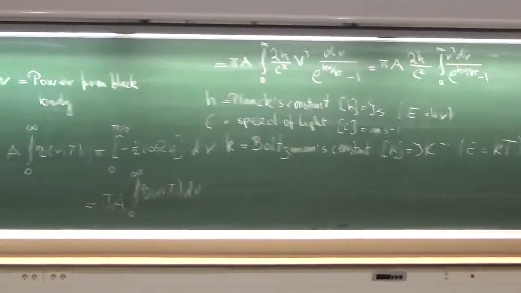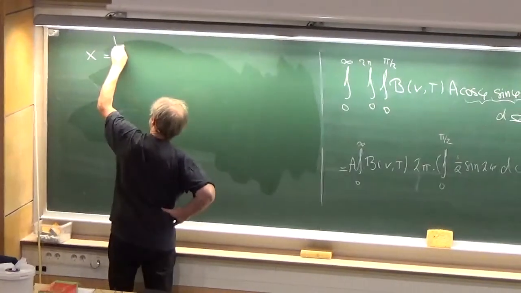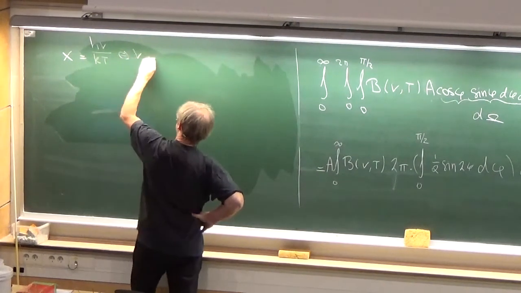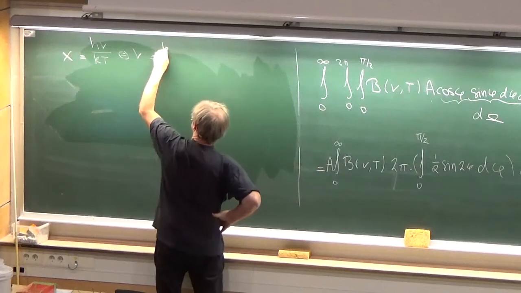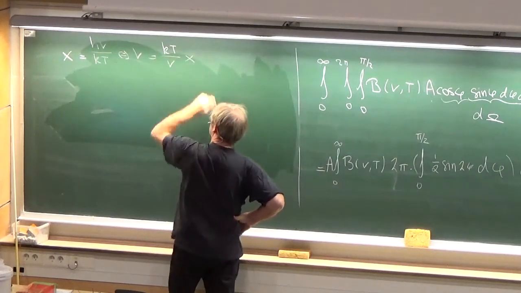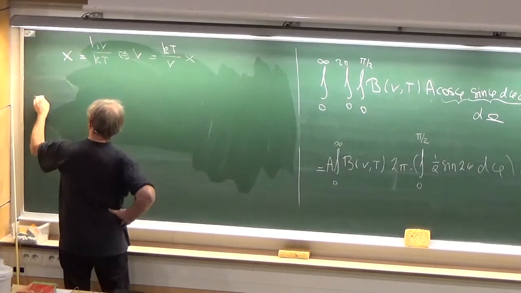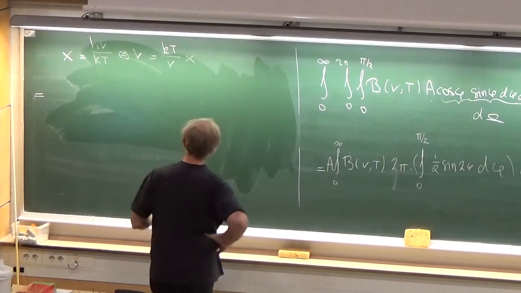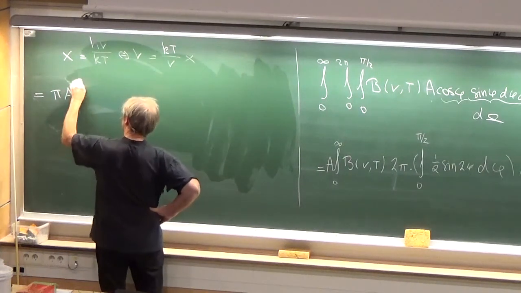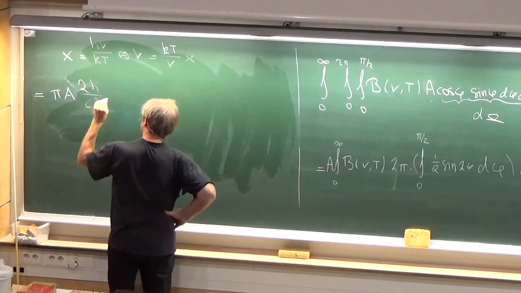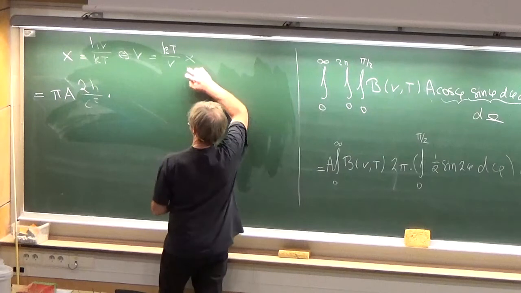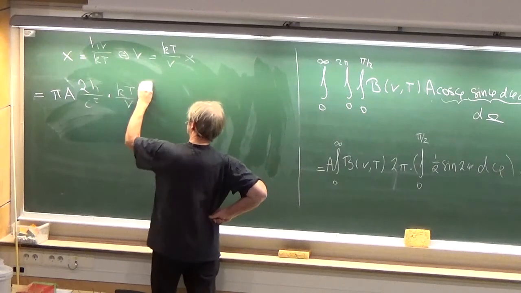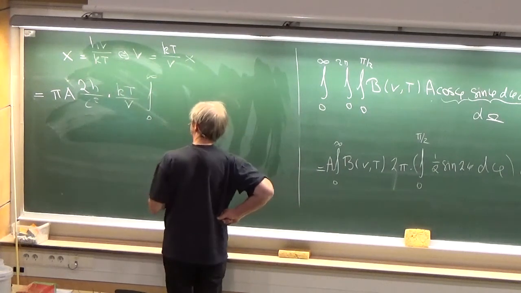Okay, so then if we put x equal to the exponent here, hv over kT, then our integral becomes, let's just have all the constants. We have dv, that's kT divided by h, dx. Same limits for the integral.